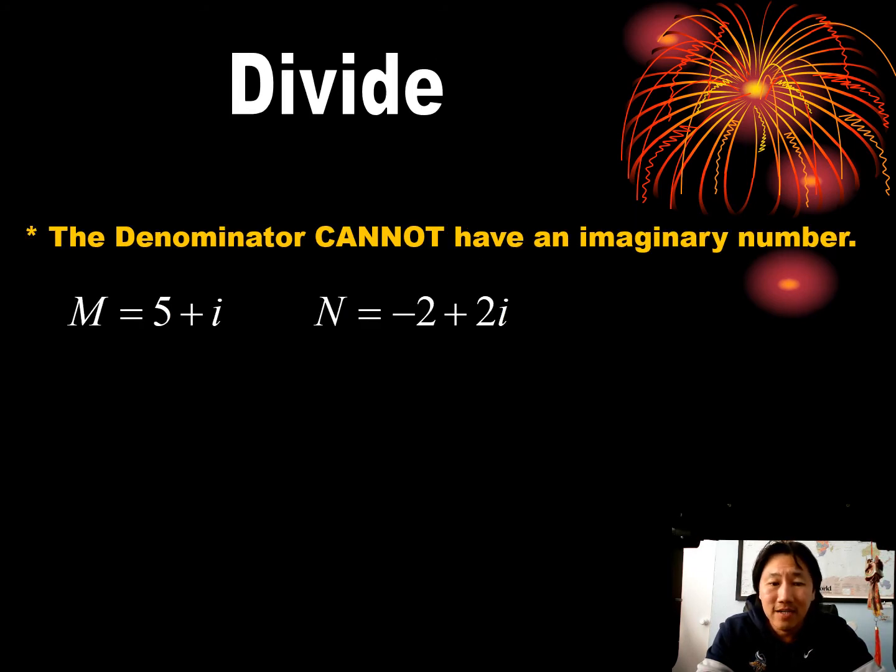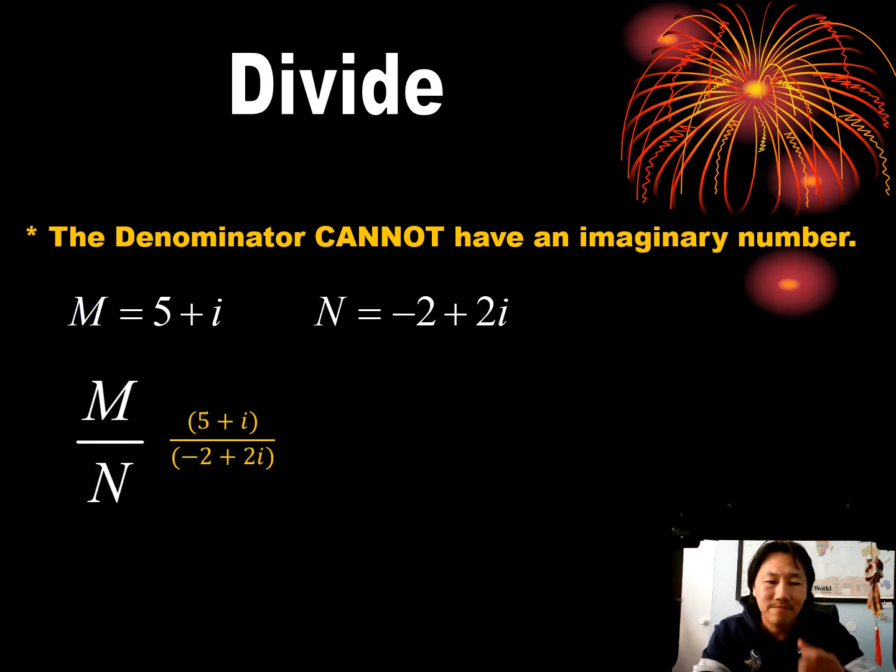So let's go ahead and divide. It says the denominator of a fraction cannot have an imaginary number. So you can't have an imaginary number in the denominator. So let's go ahead and do m divided by n. There it is. 5 plus i divided by -2 plus 2i.